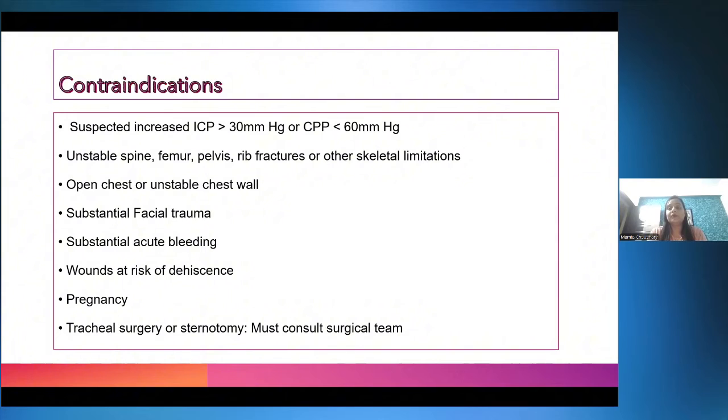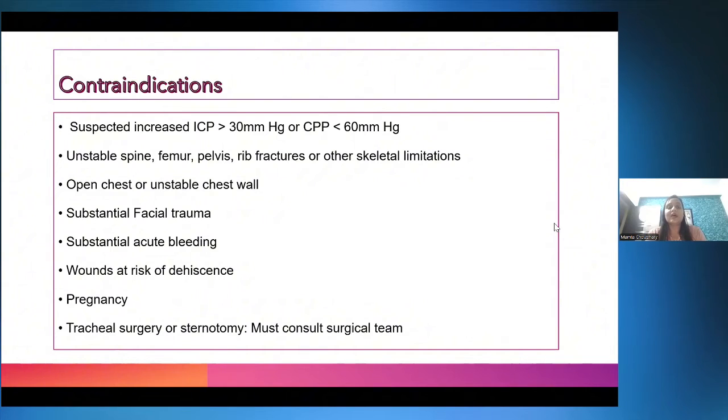Now, there are some contraindications in which the prone ventilation needs to be avoided or should be used carefully. This includes suspected increased ICP more than 30 mm of Hg or cerebral perfusion pressure of less than 60 mm of Hg.